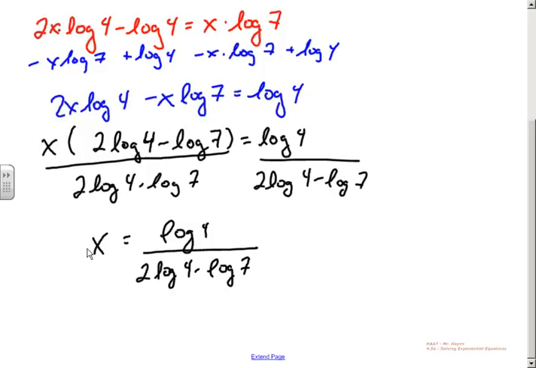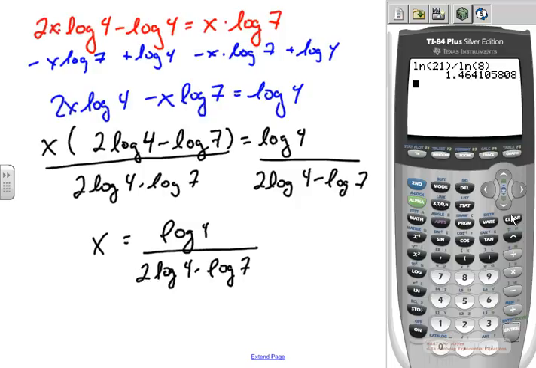Again, that's the exact answer. Now the approximate answer. Pull up your calculator. You can do this a variety of different ways. If you're going to try to do this all in one shot, be careful. Make sure you put the whole numerator and the entire denominator in its own set of parentheses. Since the numerator is a single term, I do not have to put that in a set of parentheses.